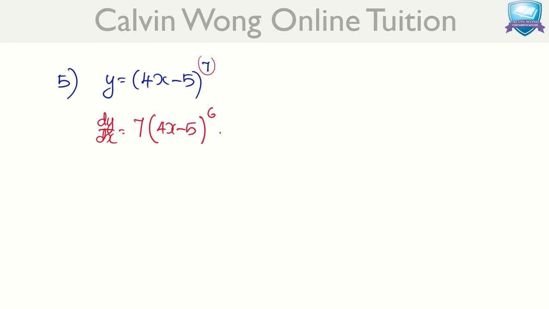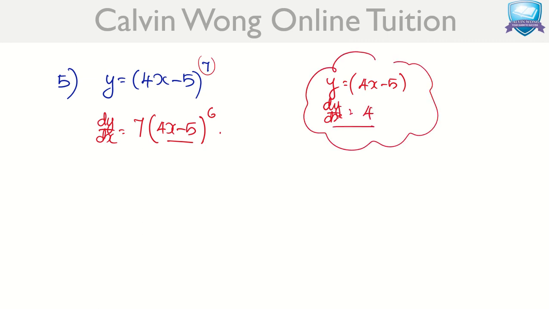You do one extension. 4x minus 5 is in the group. Let's do the dy/dx here. You will get 4. This 4 is your extension. 7 times 4 is 28. (4x minus 5) to the power of 6.